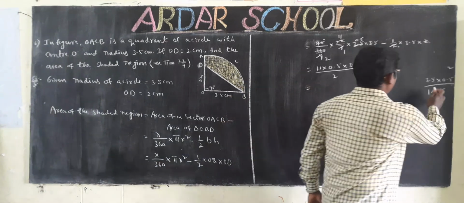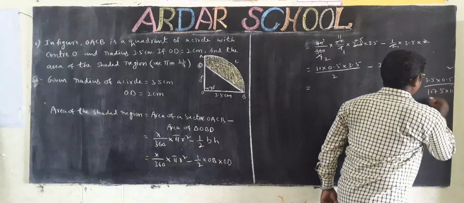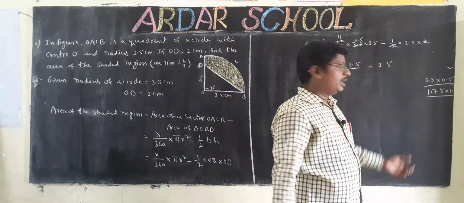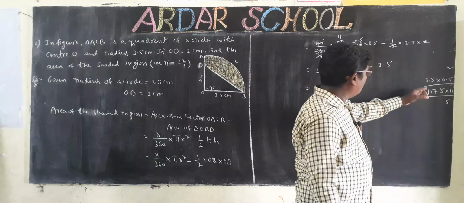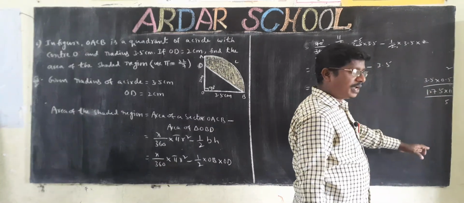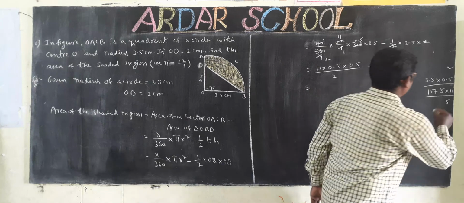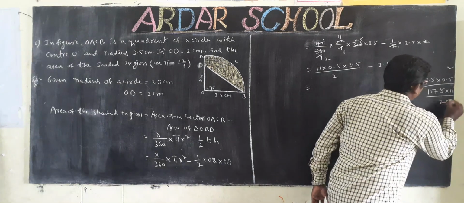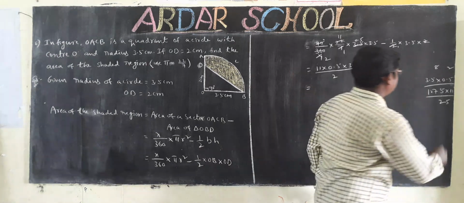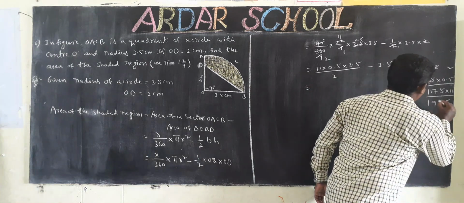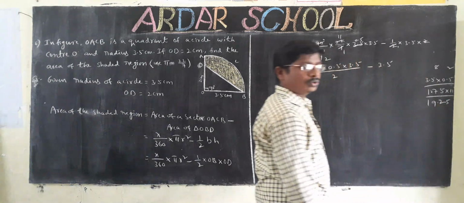Then multiply with 11. 11 times 175 gives 19.25.